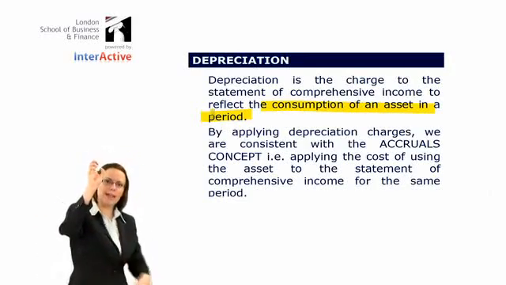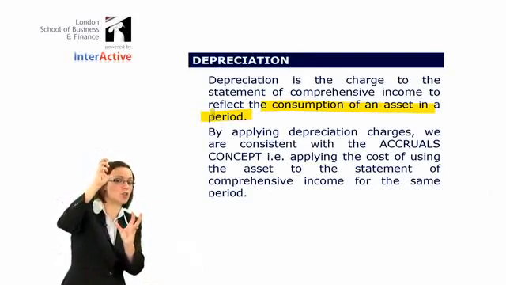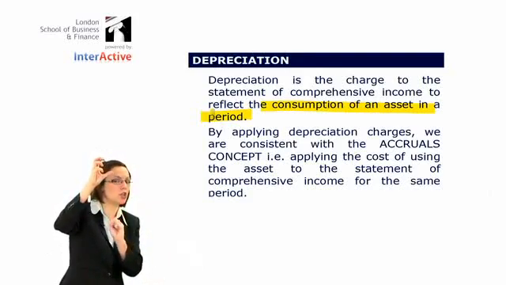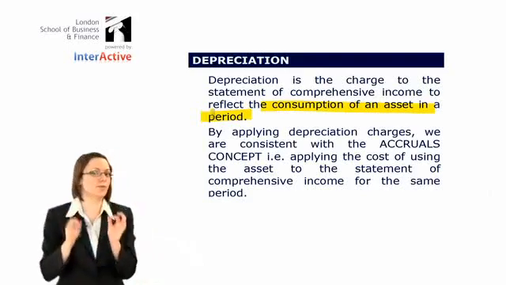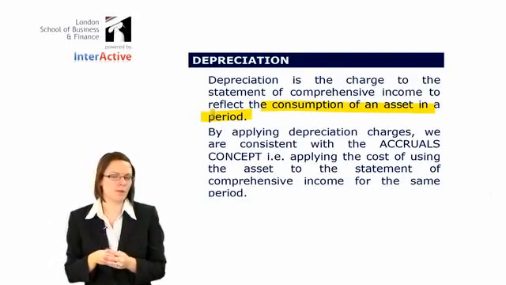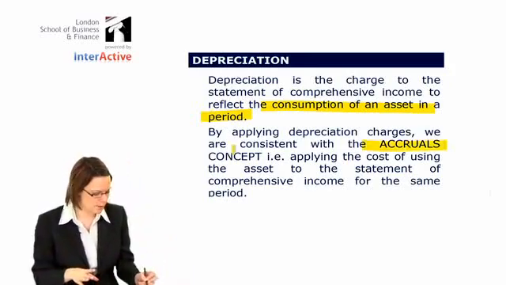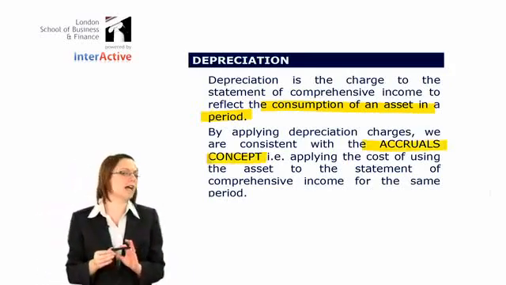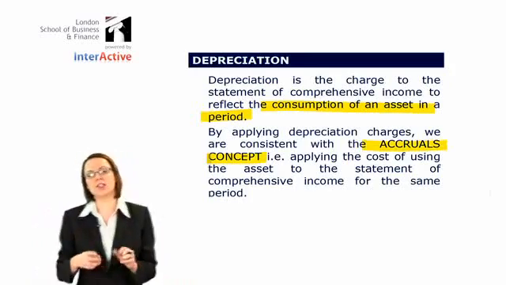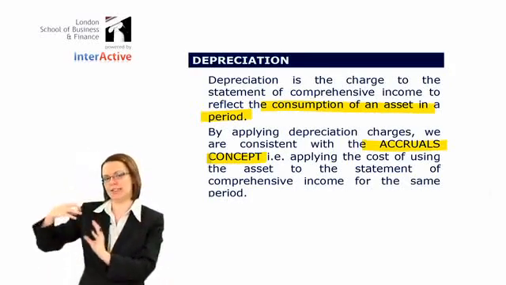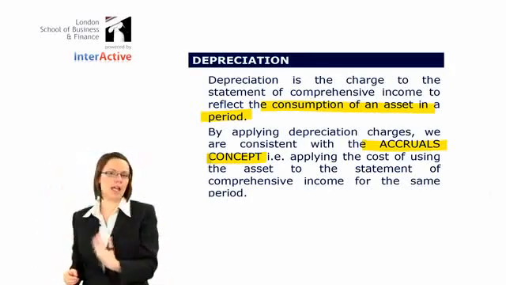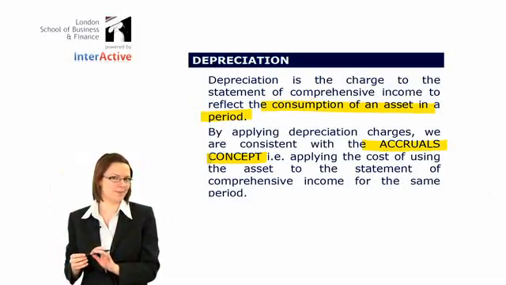So the revenue is matched against the cost of using that machine, the consumption of that machine, the depreciation. So it is consistent with that accruals concept that we've talked about several times now already. A lot of it is to do with that idea of matching the income earned against the costs incurred.